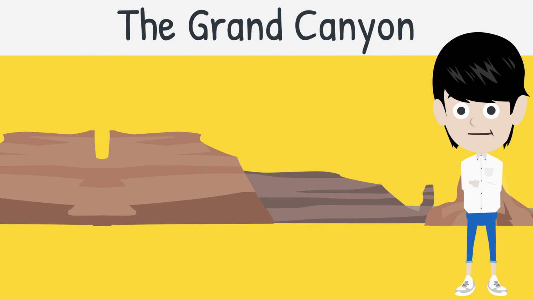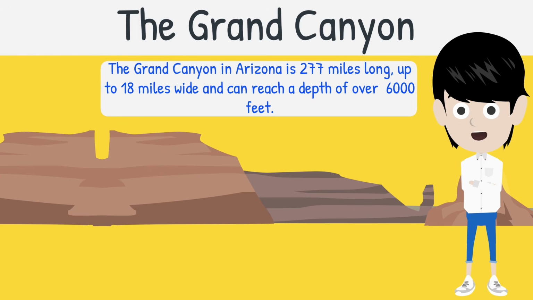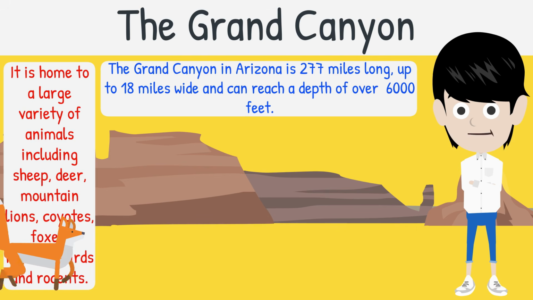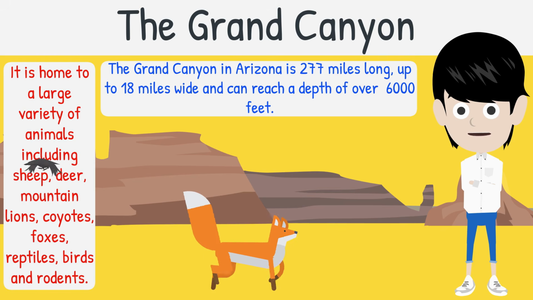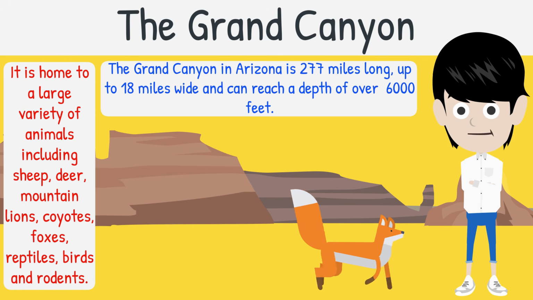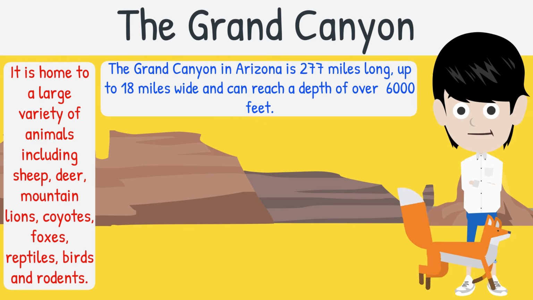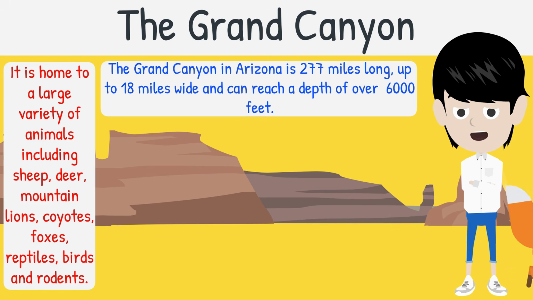The Grand Canyon. The Grand Canyon in Arizona is 277 miles long, up to 18 miles wide, and can reach a depth of over 6,000 feet. It is home to a large variety of animals, including sheep, deer, mountain lions, coyotes, foxes, reptiles, birds, and rodents.